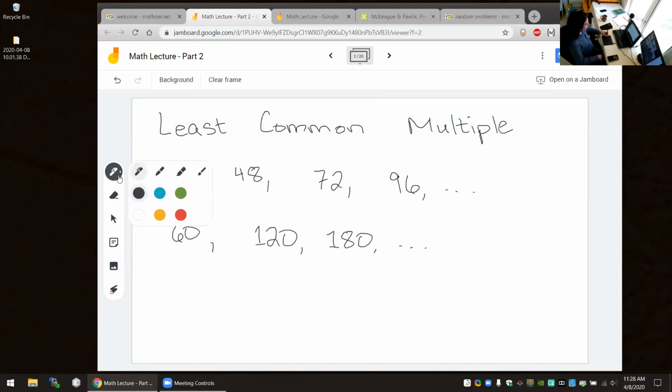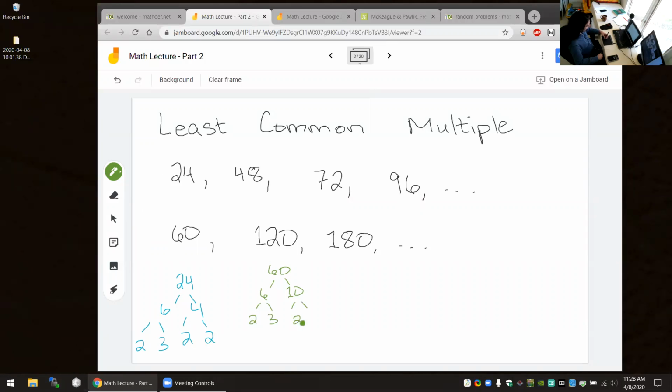I'm going to make my two factor trees. And as before, I'm going to circle the ones that are in common. So 2s were in common, a 3 is in common, another 2 is in common.